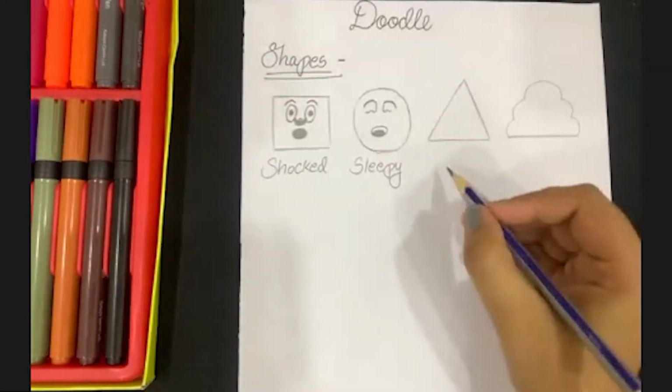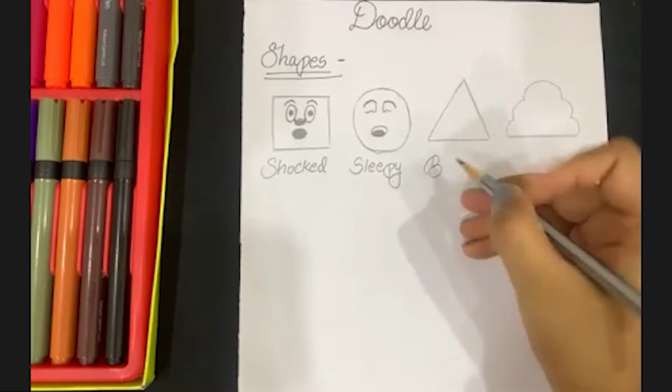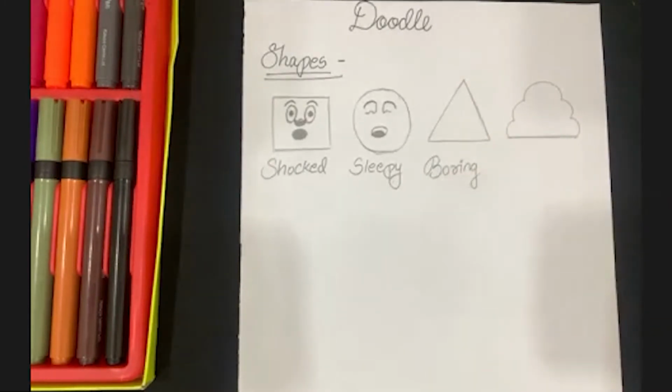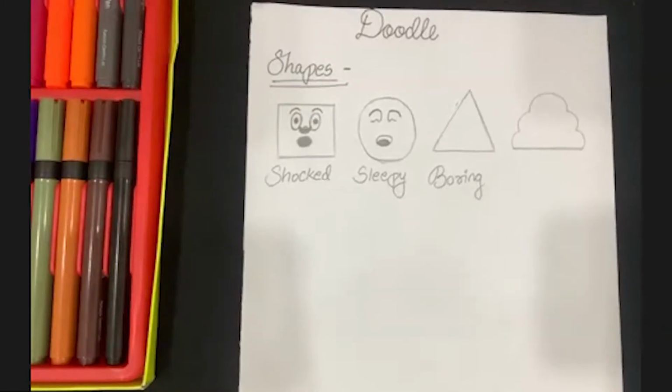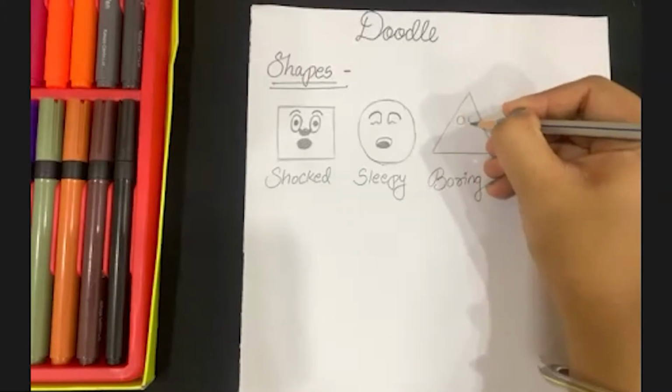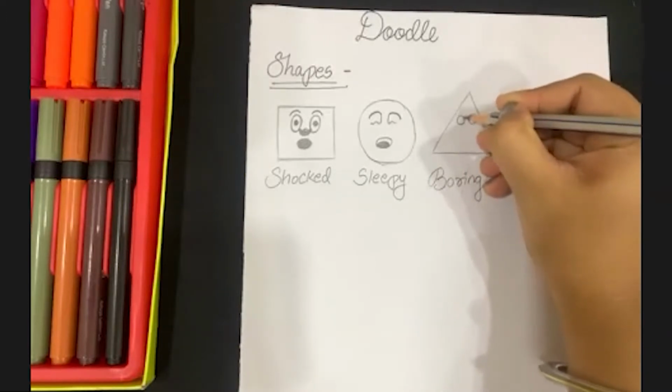And the next one that we are going to do is the bored face. So for that, again, I'm going to draw two circles inside my triangle shape.